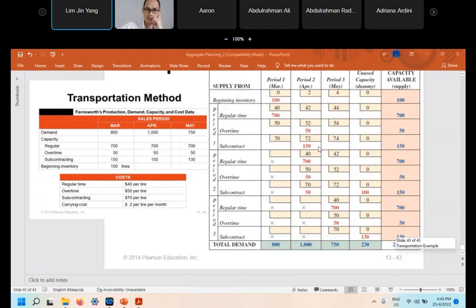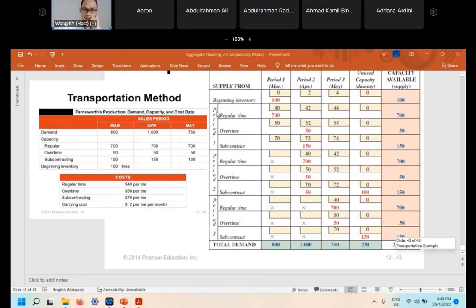Okay, good question. But I can only answer you that when we do it, if you follow the textbook, we do it, as I said, period 1 first. We try to allocate as much as possible, and then period 2, and then period 3. Okay, maybe what you say is correct if we total up the total cost for all the 3 periods.